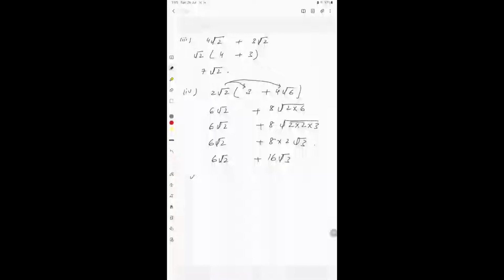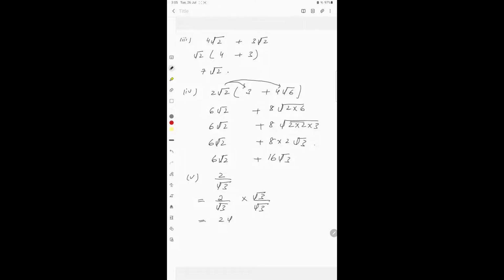Suppose the radical sign or surd sign is appearing in the denominator, then this is not acceptable in mathematics. So it needs to be simplified further. You can do so by multiplying and dividing the whole expression by under root 3.